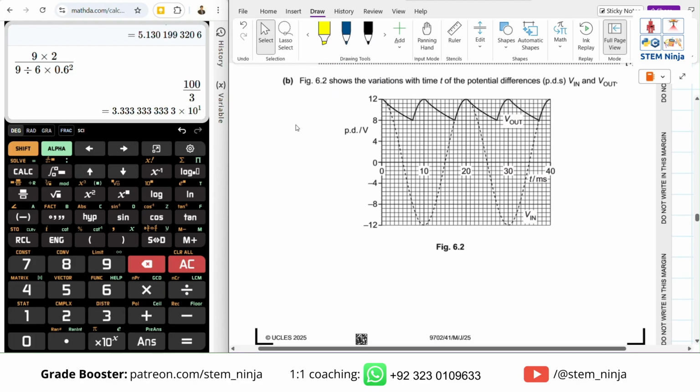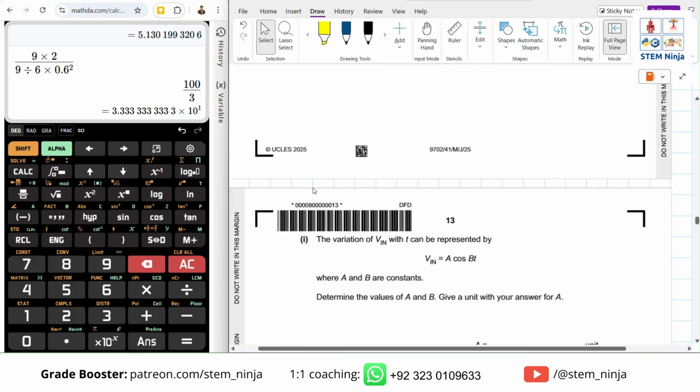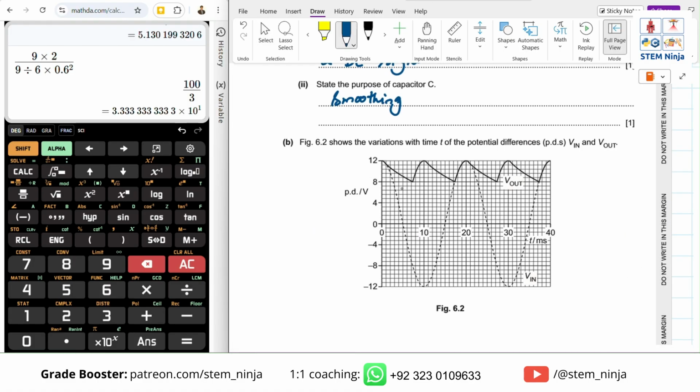Figure 4.2 shows the variation with time t of the potential differences, PDs, Vin and Vout. The variation of Vin with t can be represented by this, where A and B are constants. Determine the values of A and B. So A is basically the amplitude and B is the omega, that is 2 pi over T. The amplitude you can see from the maximum and minimum divided by 2, which is just 12.